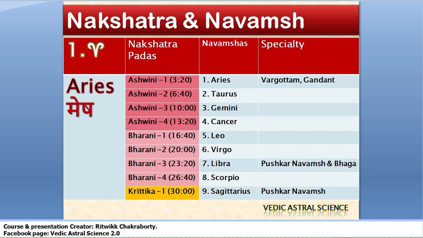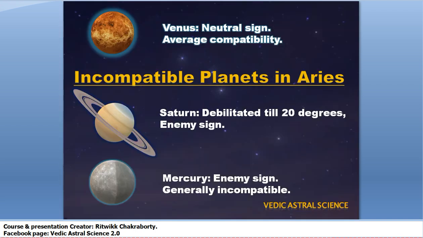Okay friends, now let us see the incompatible planets in Aries. So as you can see in the slide, Saturn is debilitated in Aries from 0 to 20 degrees, and Aries is an enemy sign for Saturn. Apart from that, Aries signifies birth, health, vitality, youth.